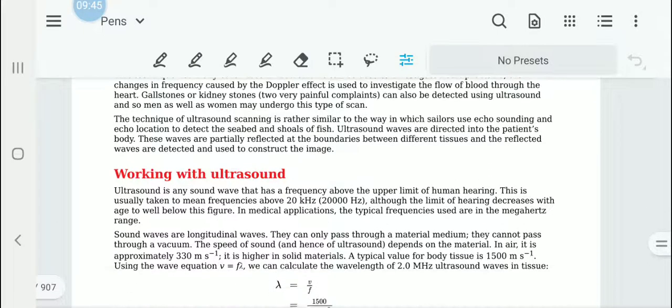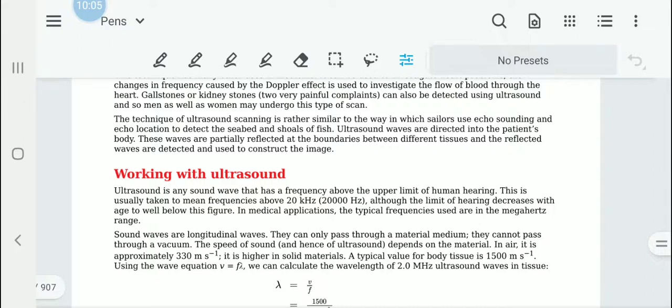This is actually quite similar to using echo sounding and echolocation by bats and ships to find out the depth of the sea, and also if there are any shoals of fish.